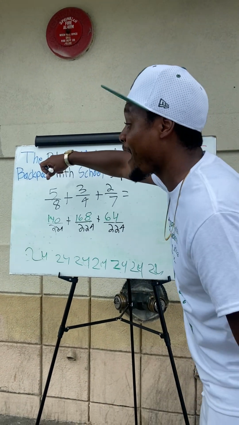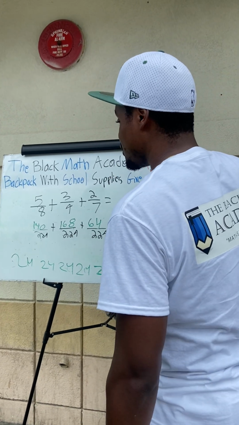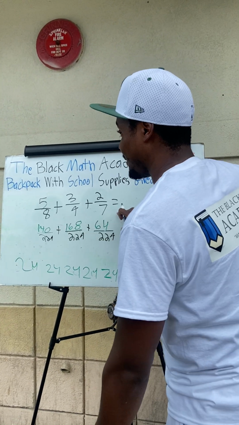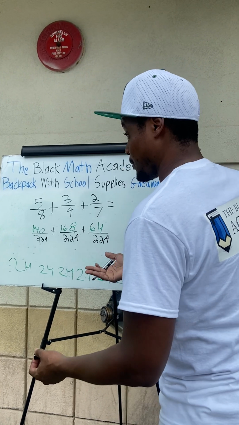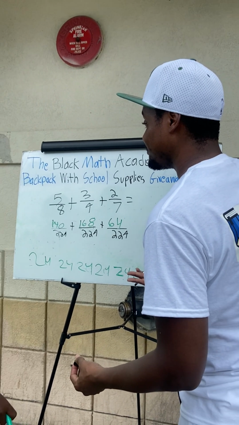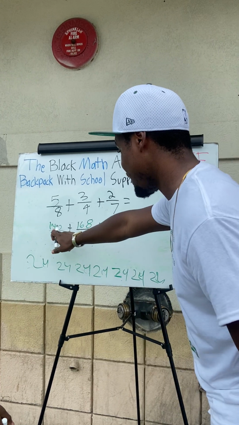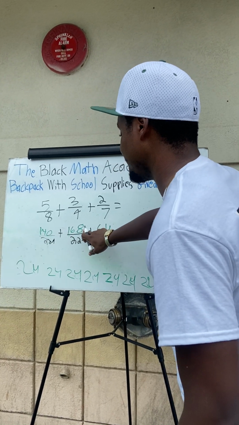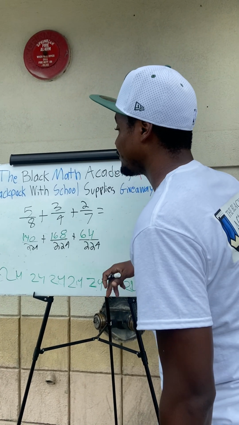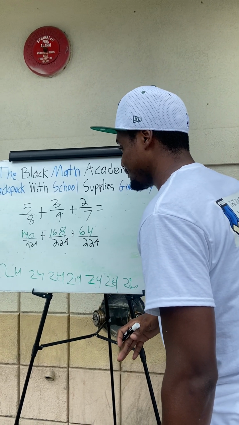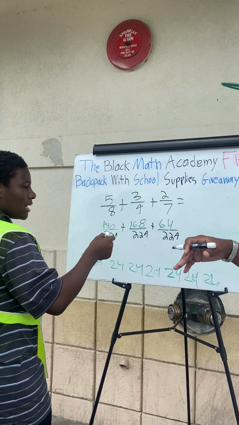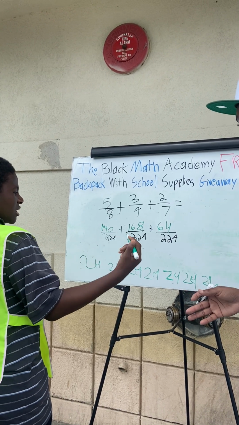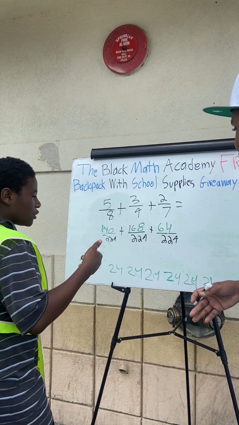But even so, you added the tops. I told you we can't do that yet until we have the same denominator. Do we have the same denominators now? Now guess what we can do? That's right. The tops are now here: 140, 168, and 64. So that's what you're adding. 140 plus 160, 200.